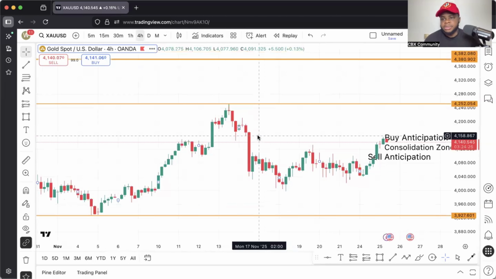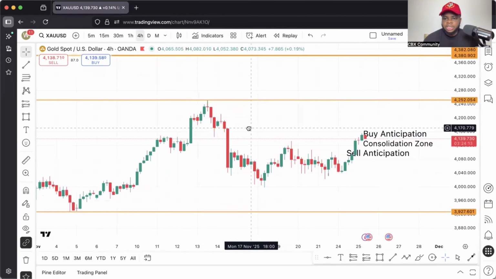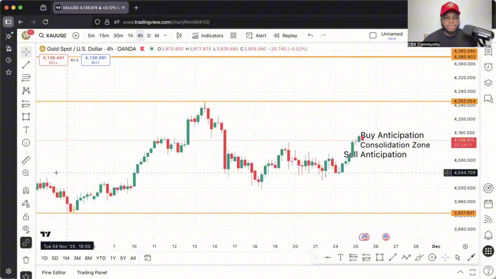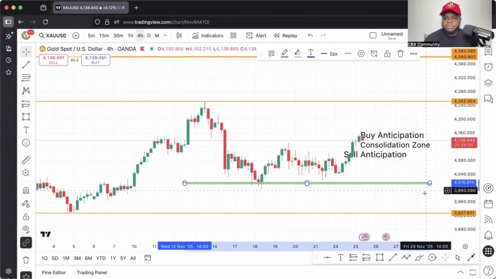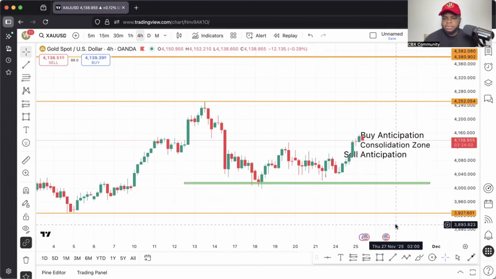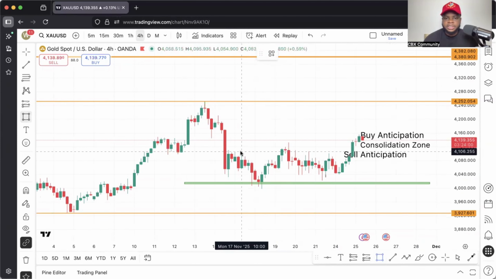But I love to look at the month market condition, the daily market condition, and the 4 hours market condition, just to have an idea of what I'm anticipating the market to give to me. So the 4 hours market condition is consolidating as well, because we have a support zone over here. We have a resistance zone over here.